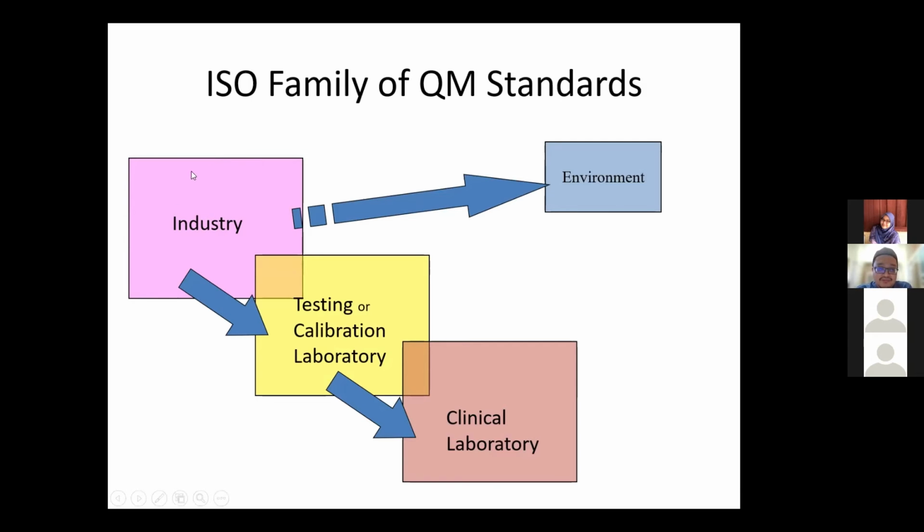So it involves the general ISO for industry in the case of SASMAC hospital, and then their labs, how they do testing, calibration, how they produce their results, and whether these days the ISO standard has also included environmental ISO.